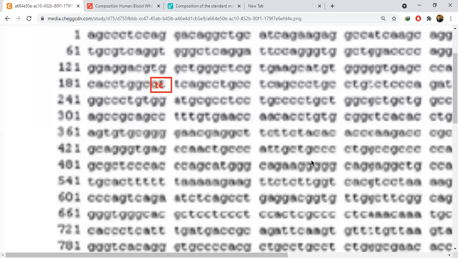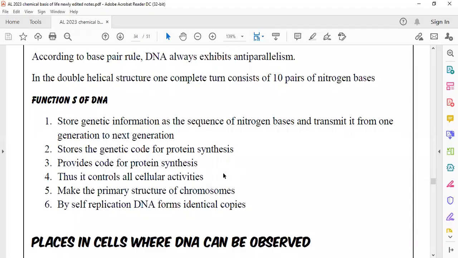Okay, now the second thing: it stores the genetic code for protein synthesis.